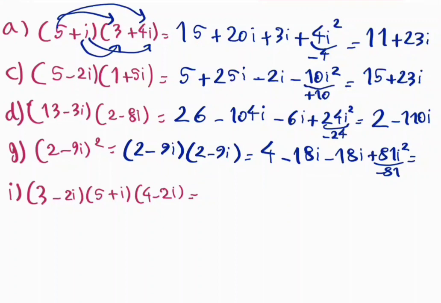And simplifying this, 4 minus 81 is minus 77, minus 18i minus 18i is minus 36i.